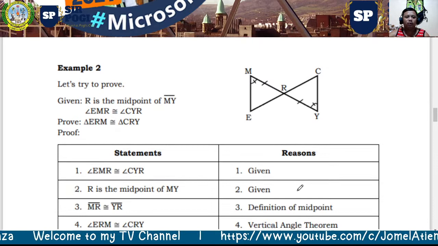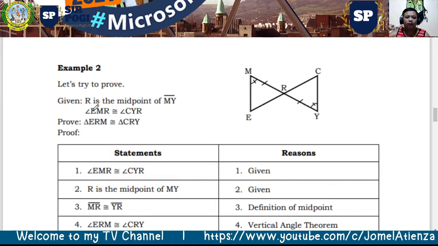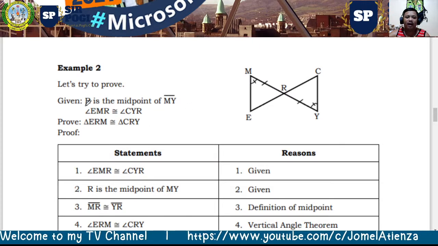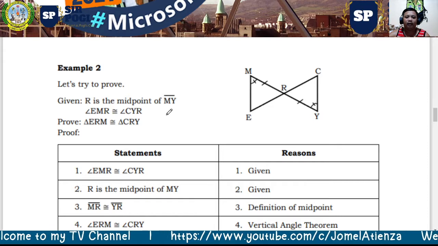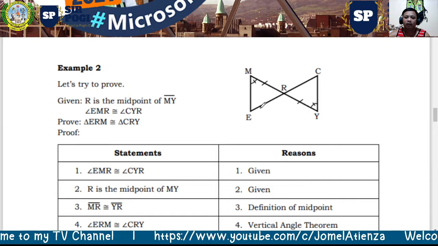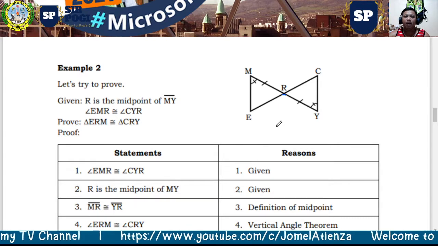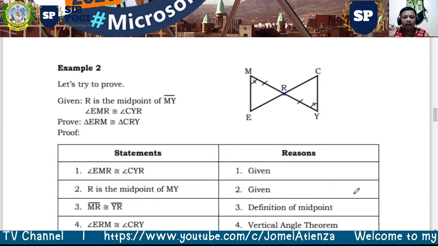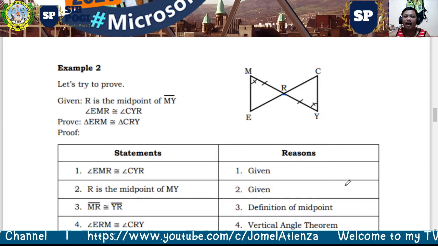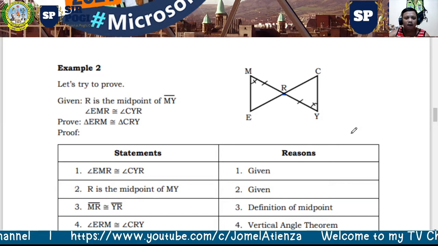Example number 2. Let's try to prove that we have a given: R is the midpoint of MY. When we say midpoint, the segment is divided into two equal parts.